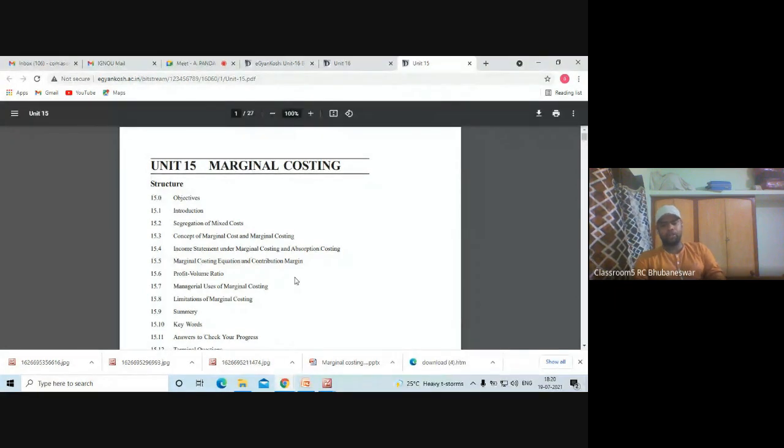Profit by contribution per unit. This is the margin of safety in unit.